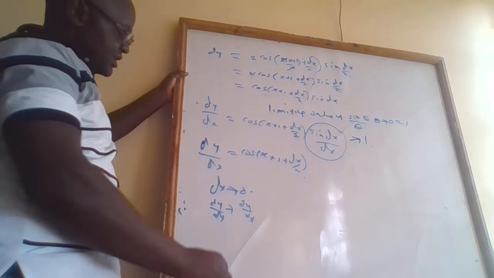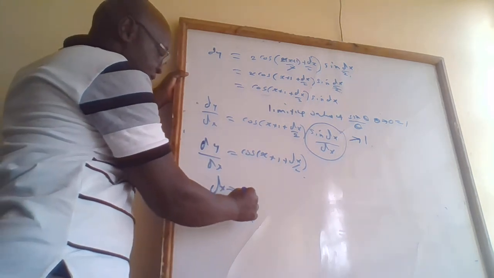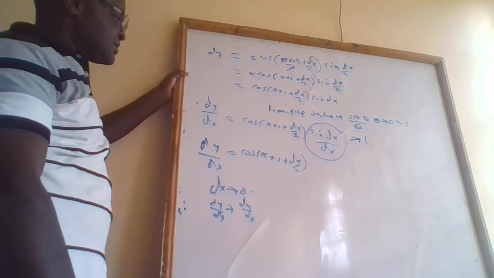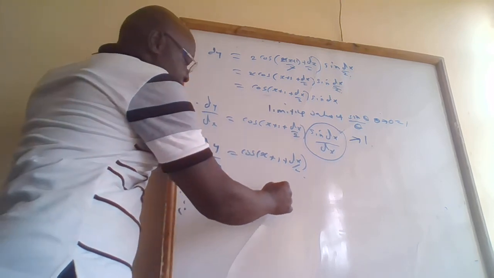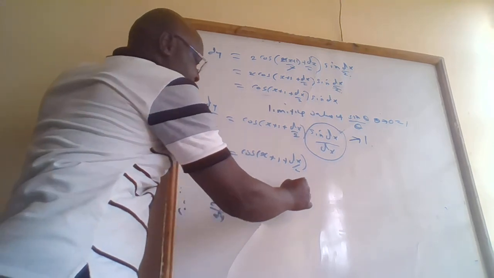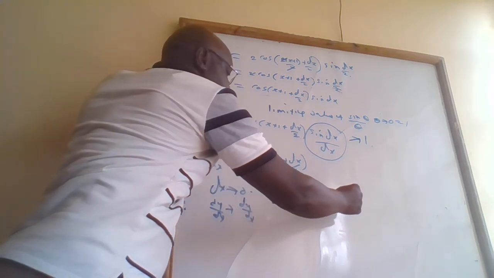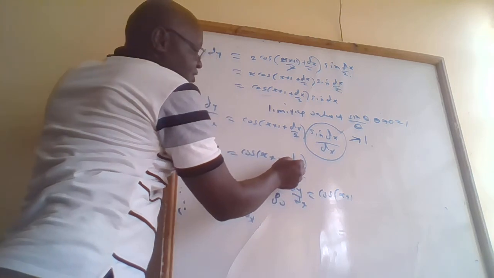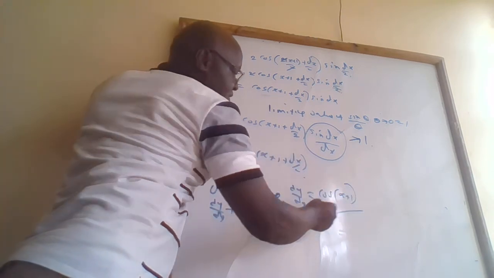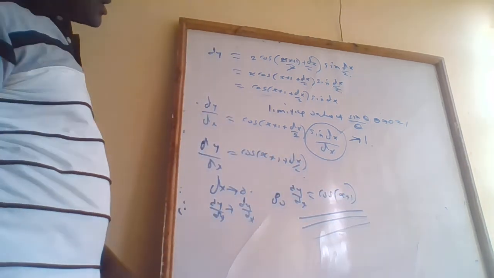Therefore, dy dx will be equal to cos of (x plus 1), because now this term will be 0. And that's what we have as a result.